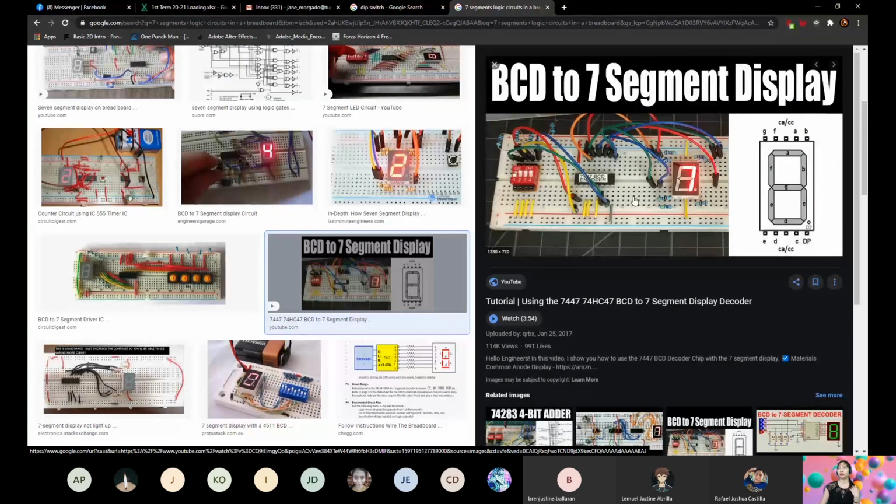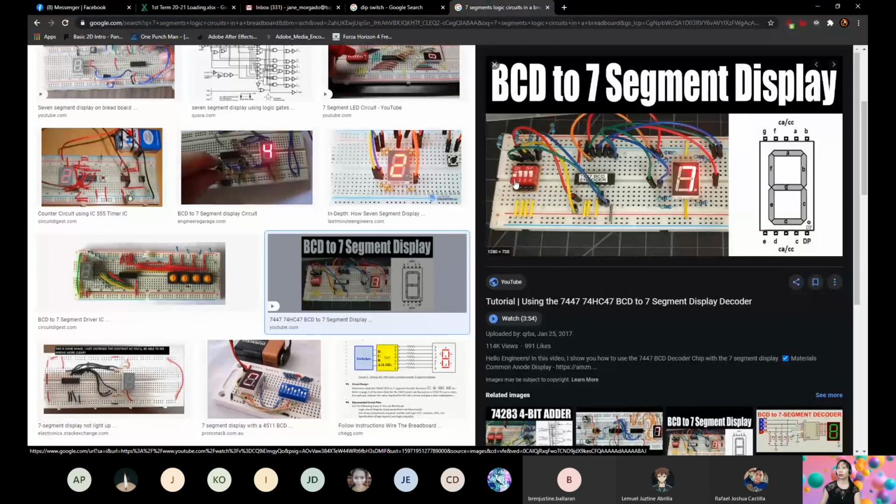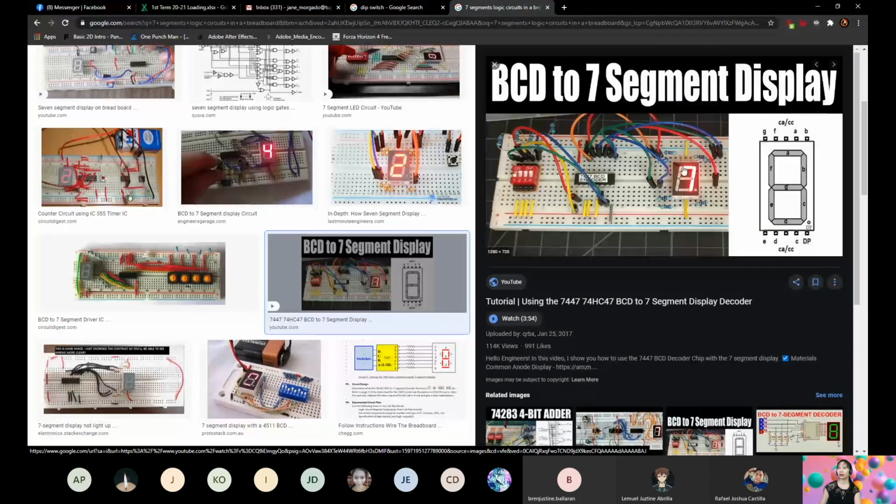So, pwedeng either 7446 or 7447. So, from DIP switch, take note, anong inputs niya? Ang input niya ay 0, 1, 1, 1. Nakababa yung 1. 0, 1, 1, 1 ang input niya. So, ang output niya is 7. Pansin nyo? Output niya is 7.